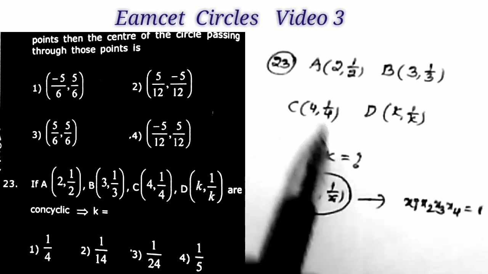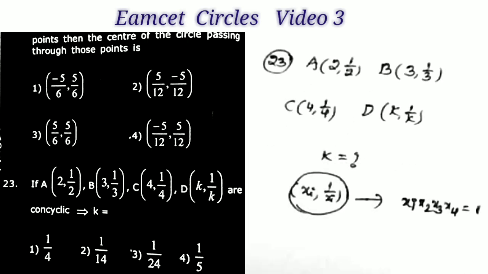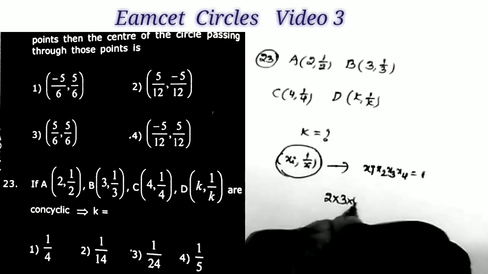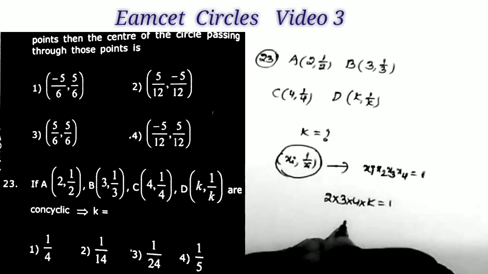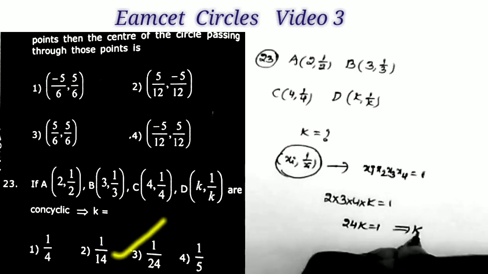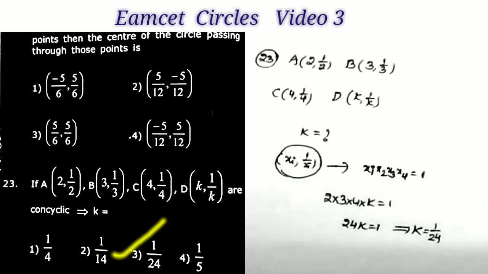That is, the product of all x coordinates is equal to 1. That is 2 into 3 into 4 into k is equal to 1, that is 24k is equal to 1. Therefore, the value of k is equal to 1 by 24.